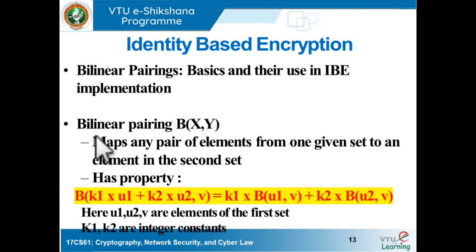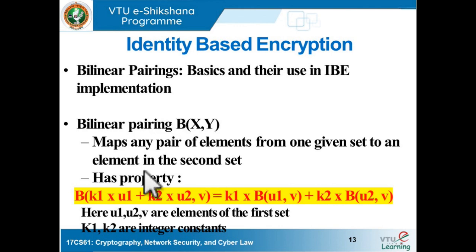Now let's try to understand what a bilinear pairing is. The bilinear pairing is represented as B, and B of x and y. This pairing maps any pair of elements from a given first set to an element in the second set.